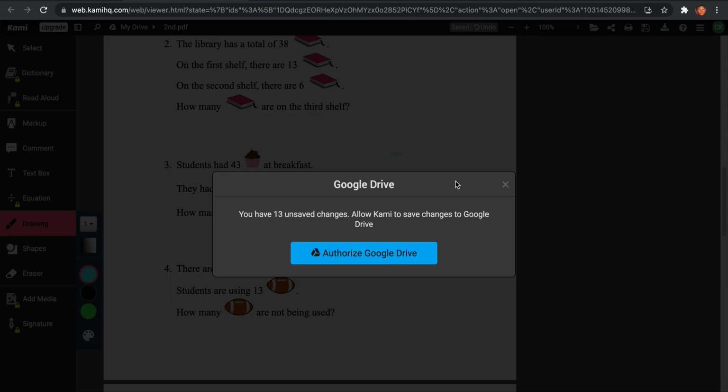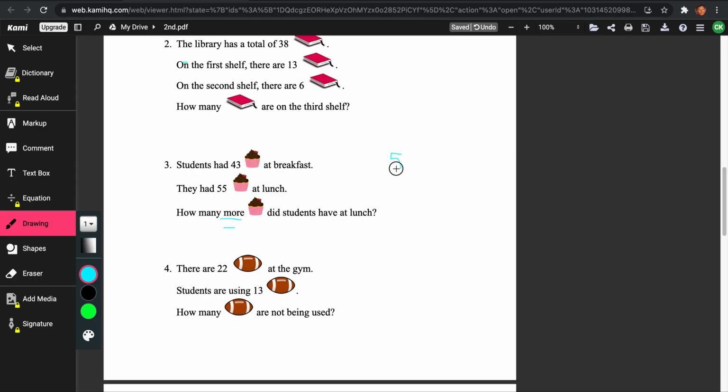So 55 minus 43. 5 minus 3, that's 2. 5 minus 4, that's 1. So the student actually had 12 more cupcakes at lunch compared to breakfast.